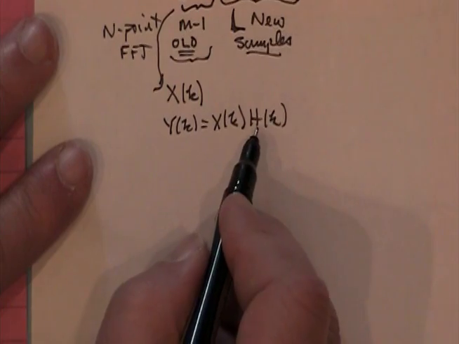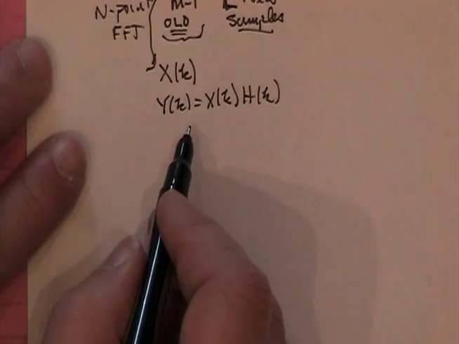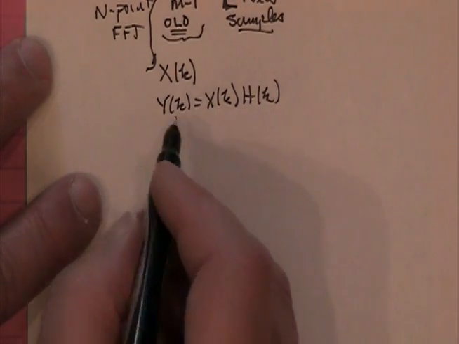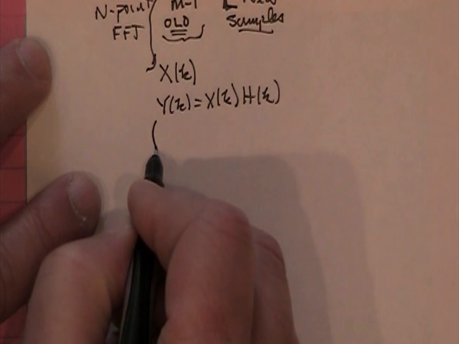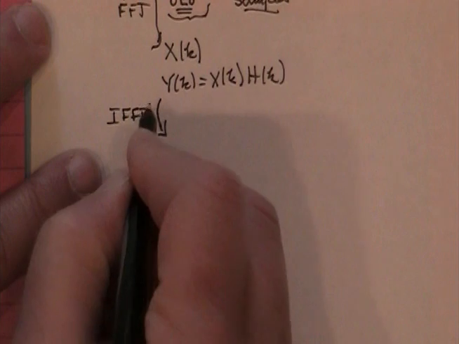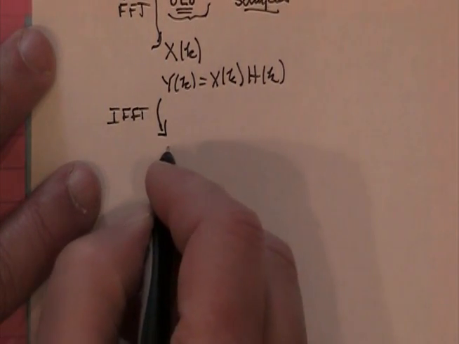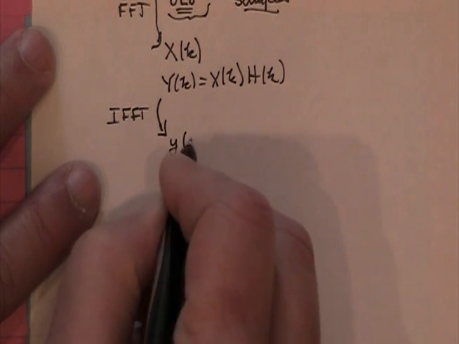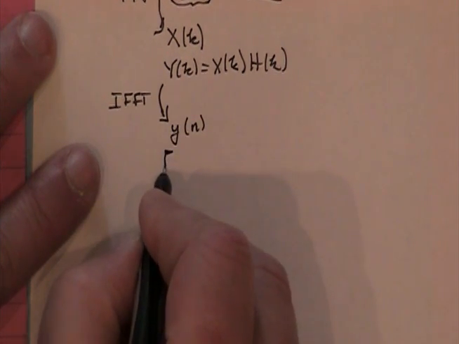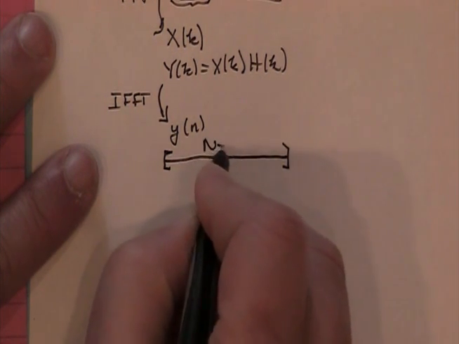It never changes. I just take the values that I calculate out of this array and scale them, right? So there's my y of k out. Now I'm going to calculate an inverse FFT to get y of n out, right? And it's going to be a block of values that are also n samples long, right?